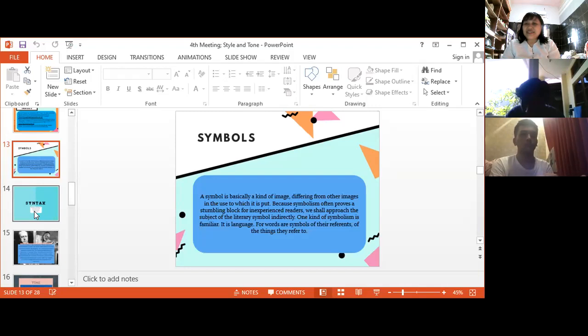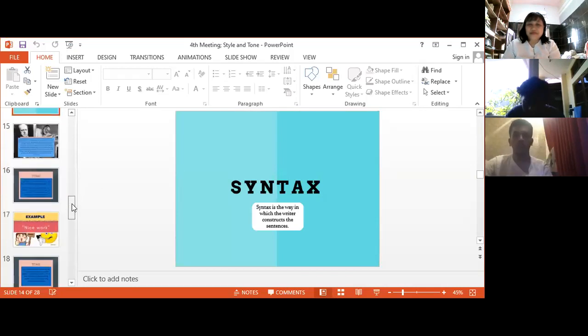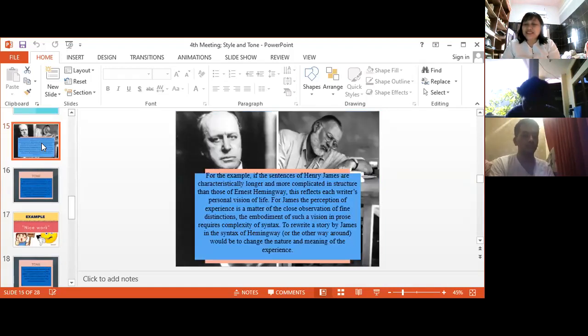Syntax. Syntax is the way in which the writer constructs the sentence. For example, if the sentences of Henry James are characteristically longer and more complicated in structure than those of Ernest Hemingway, this reflects each writer's personal version of life.